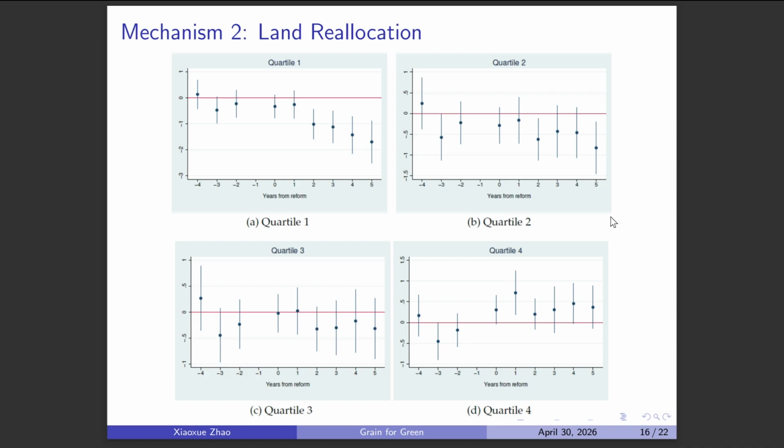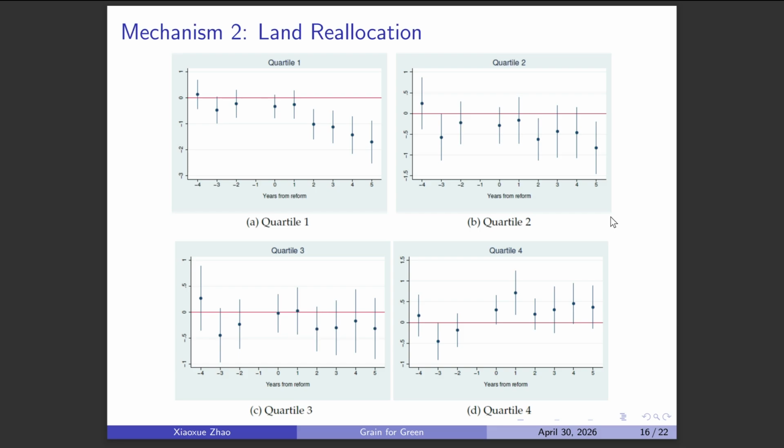Second, to show you that the program also significantly improved cross-household land allocation efficiency, we separate rural households in China into four groups based on their pre-reform marginal revenue product of land quartile in their respective villages.